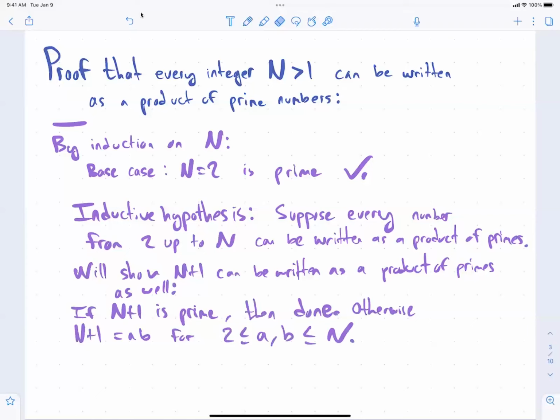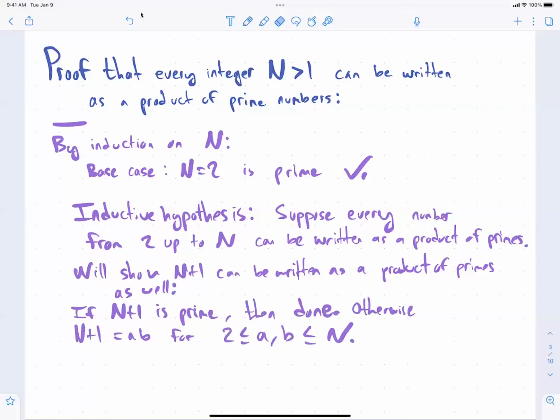So if n plus 1 is not prime, it has some factorization into two factors that are both proper factors, but those proper factors are going to be smaller than n plus 1, so they lie between 2 and n. Good.